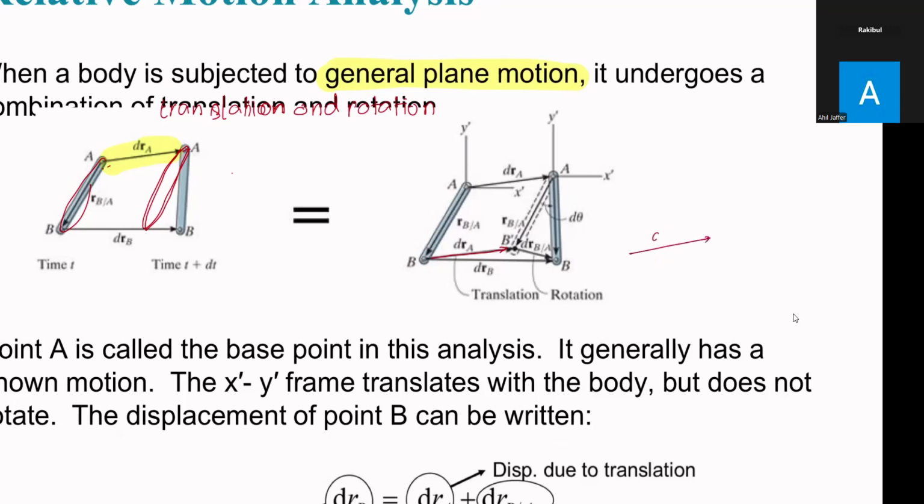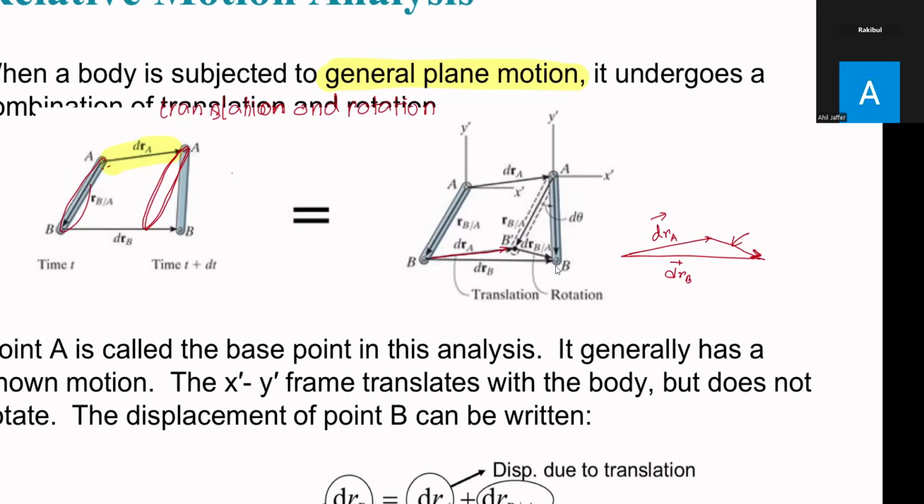Now, if we want to draw a relationship, this is our DRA vector. This is our DRB. Now, what is this vector? This is the displacement of which point? A point or B point? B point.